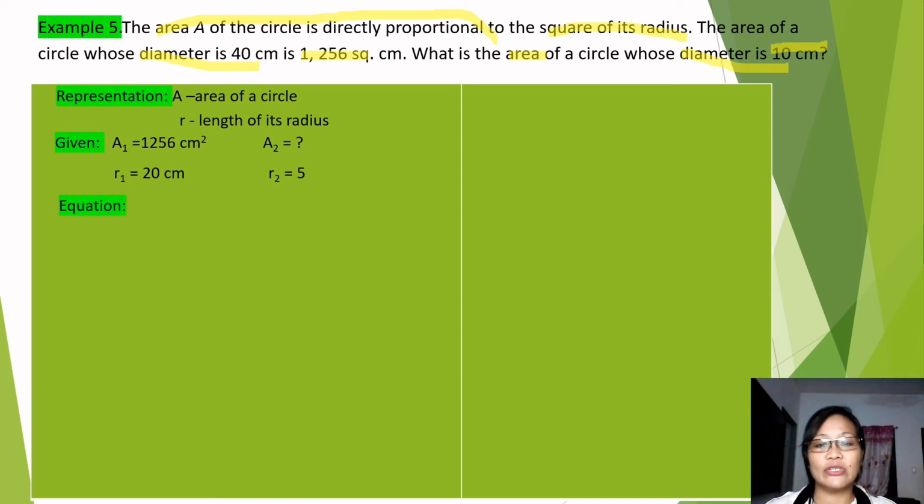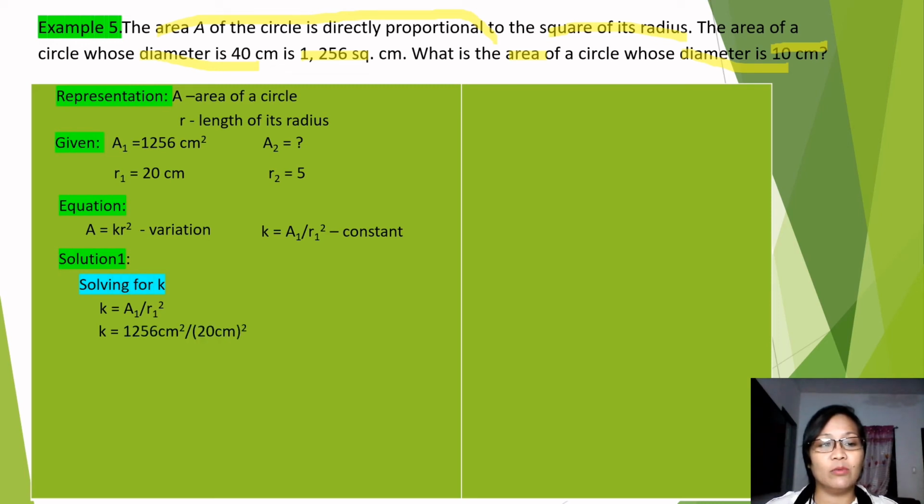Next, of course, the equation. For our variation, A is equal to KR squared. And for our constant, K is equal to A sub 1 all over R sub 1 squared. For our solution, solving for K, we have K is equal to A sub 1 all over R sub 1 squared. Then substitute the given. K is equal to 1,256 centimeters squared all over 20 centimeters squared.